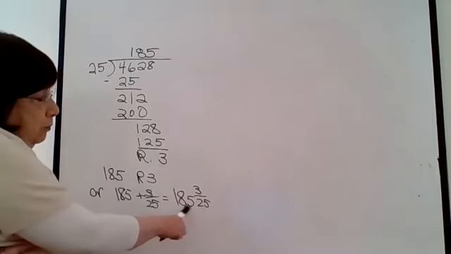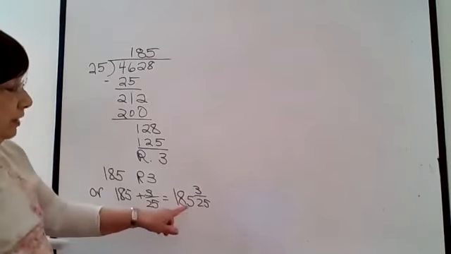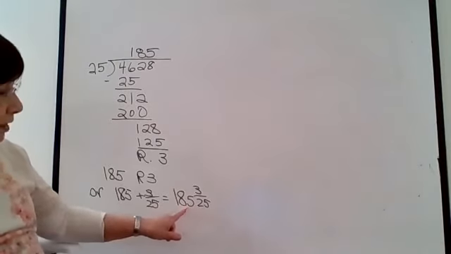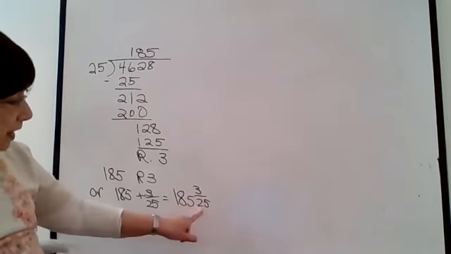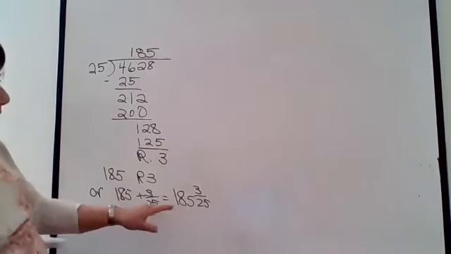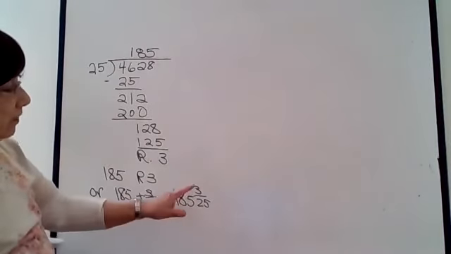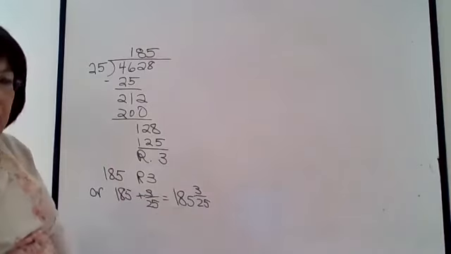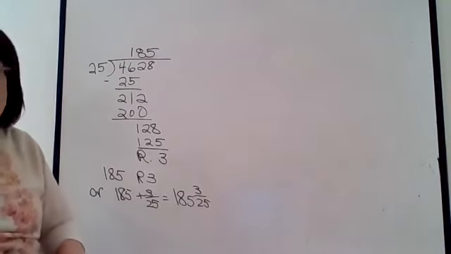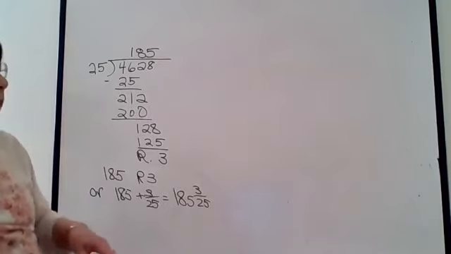Notice when you write a fraction right next to a number, it means you have this and this, like 2 with a half next to it means 2.5. This means 185 and 3/25. So that's what we call division with remainder.